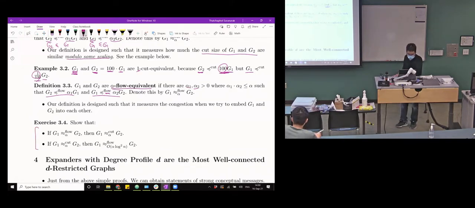Exercise for you now. If G1 and G2 are alpha flow equivalent, why is it the case that G1 and G2 must be alpha cut equivalent? Why is that?